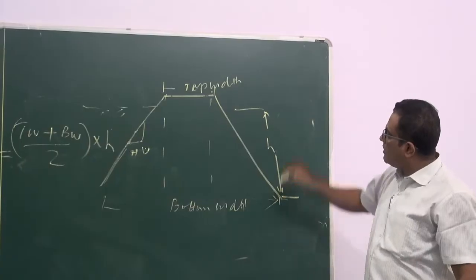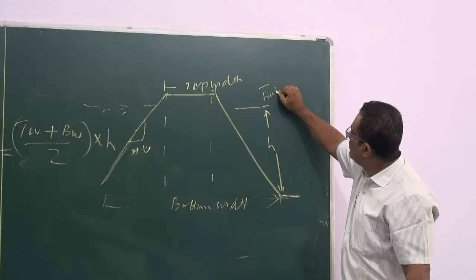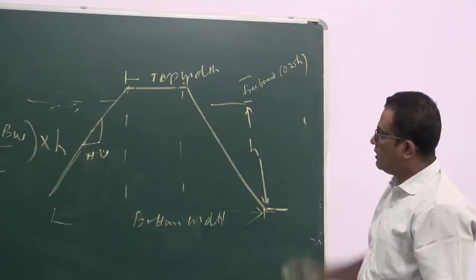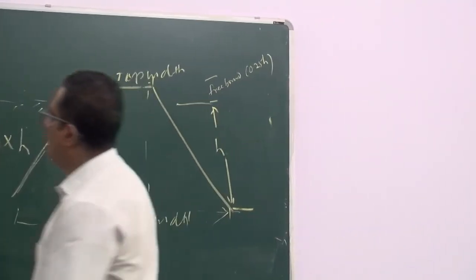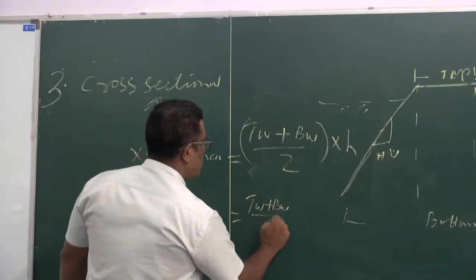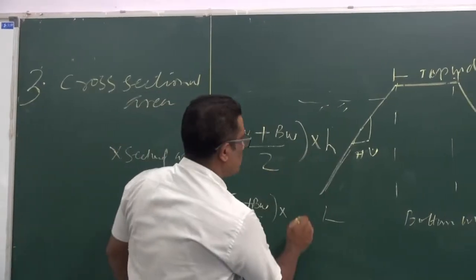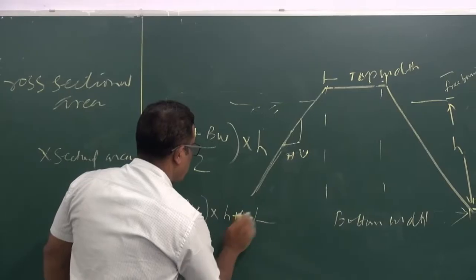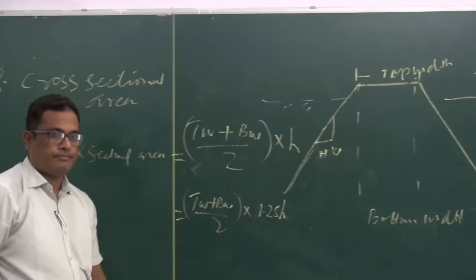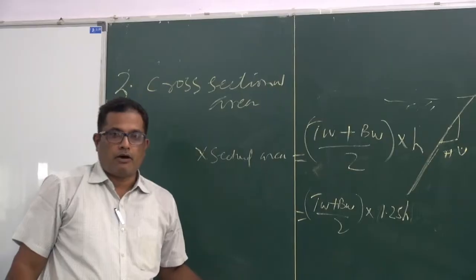But in this height we have to add the freeboard as well, that is 0.25 H. So the cross-sectional area will be top width plus bottom width by 2 into H plus 0.25 H, or we can write 1.25 H. I hope it is clear. So this way we can find out the cross-sectional area of it.